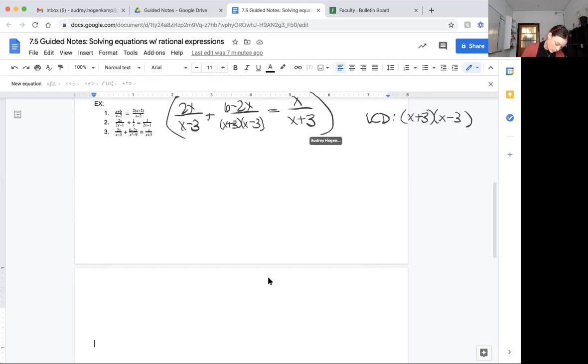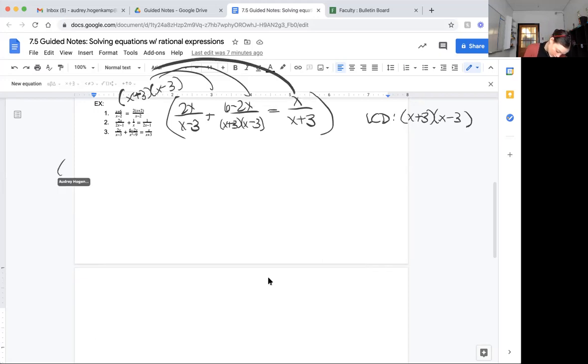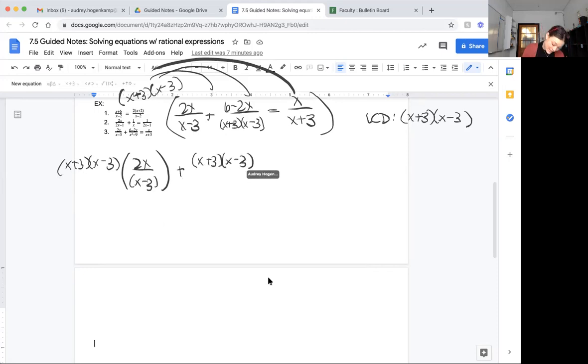So the whole thing is multiplied by x plus 3, x minus 3. So x plus 3, x minus 3 times 2x over x minus 3 plus x plus 3, x minus 3 times 6 minus 2x over x plus 3, x minus 3 equals x plus 3, x minus 3 times x over x plus 3.